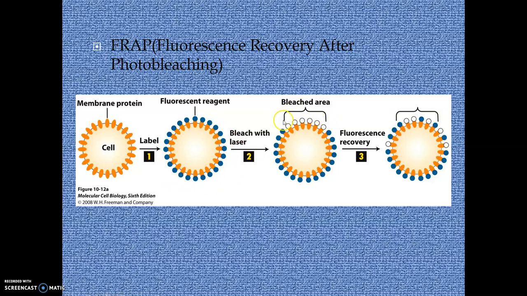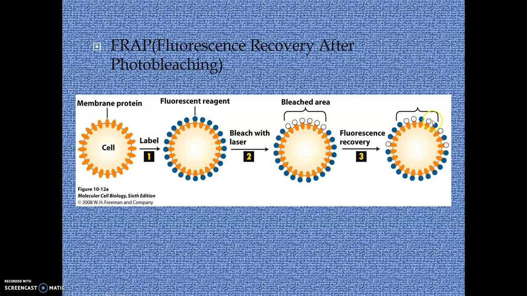a portion of the membrane was photobleached with laser beams. So this area of proteins was bleached, and they no longer have fluorescence. After some time, the same cell was observed under the microscope, and they found that the fluorescence was recovered in that area.